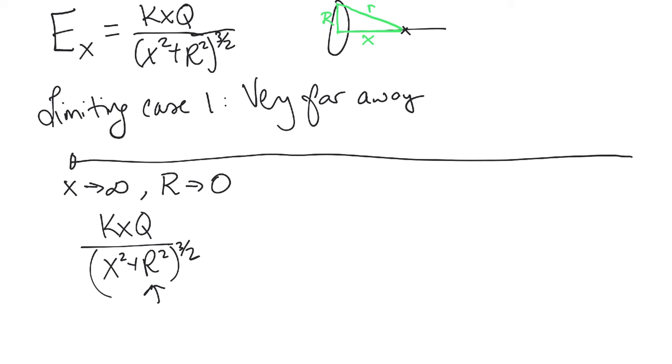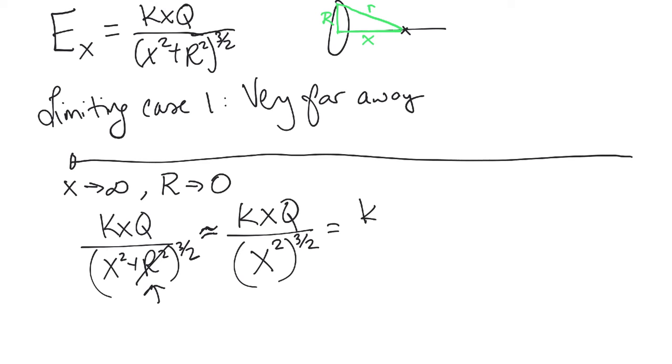If R is going to 0, then that term goes away. So we get kxQ over x squared to the 3/2, and x squared to the 3/2 is x cubed. So look at that. There's your point charge.